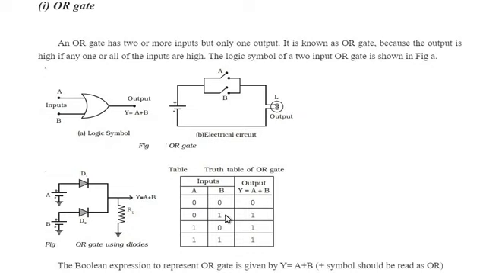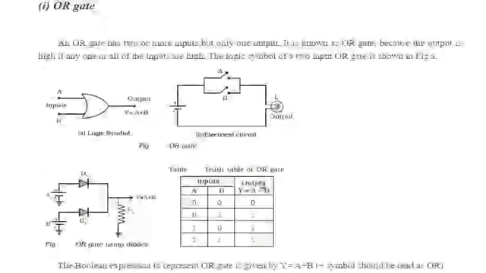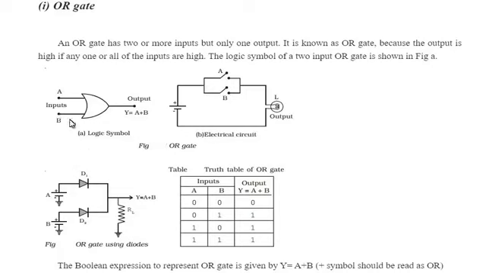Now in case two, A is equal to 0, B is equal to 1. Let us see this OR gate using two diodes, because this OR gate has two inputs A and B. Therefore diodes D1 and D2 are used here. Now let us check the first case, A is equal to 0, B is equal to 0.